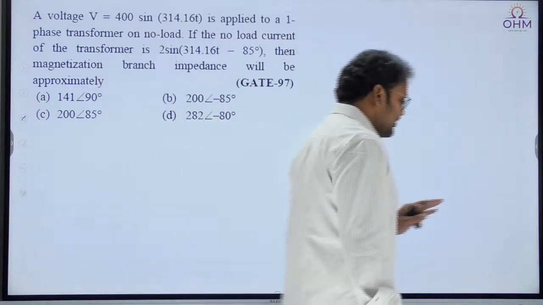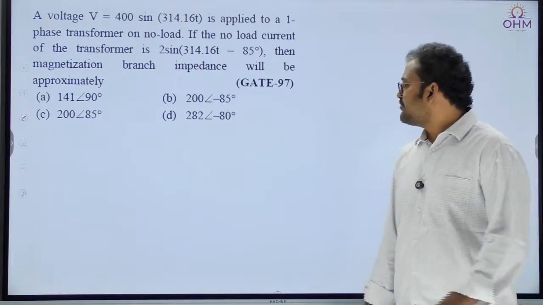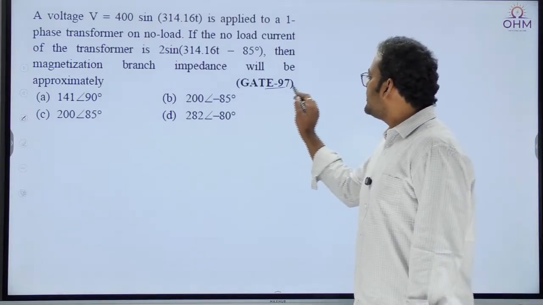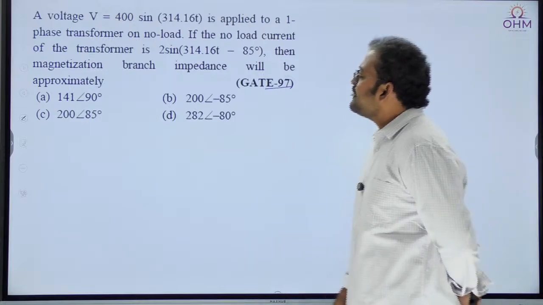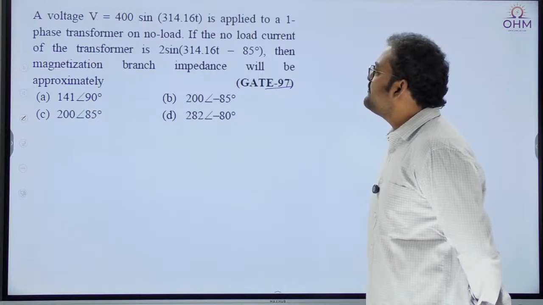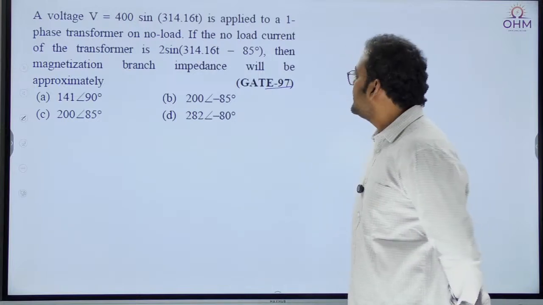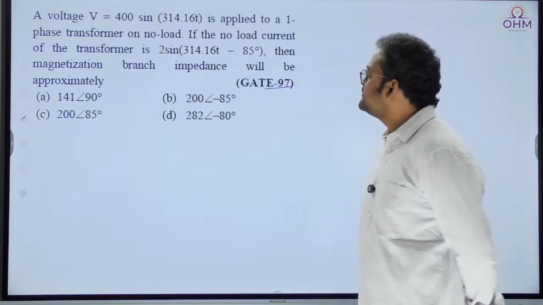Now we will try to answer a simple question related to the no load condition of a transformer. This is a question from GATE 1997. Just read the problem. A voltage V is equal to 400 sin 314.16 T is applied to a single phase transformer on no load.